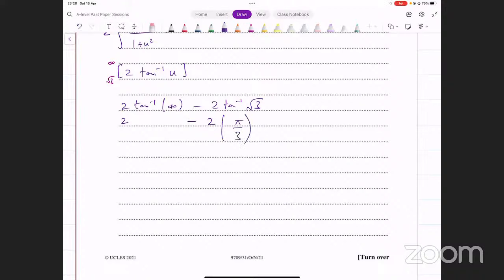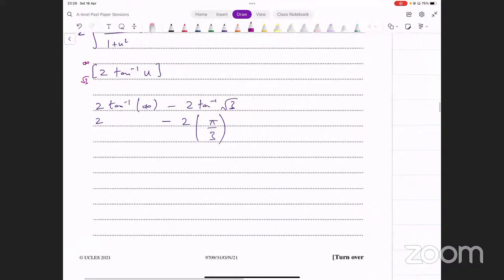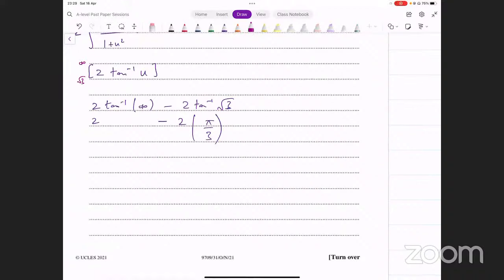Okay. Now the problem is, what about this first thing? इसको क्या करेंगे? Tan inverse of infinity. Now think about this. इसको इस तरह से देख लेते हैं. हमें इसकी वैल्यू नहीं पता ये क्या है. ठीक है, इसको हम कुछ सपोज कर लें.